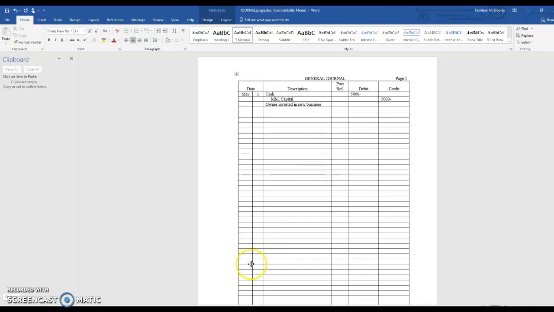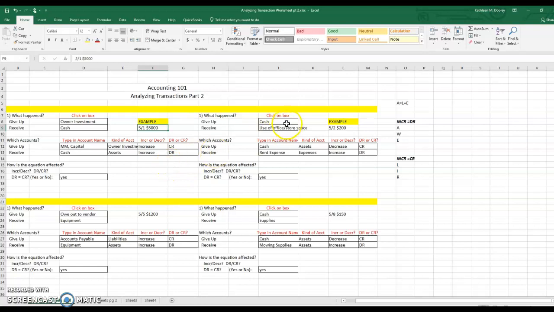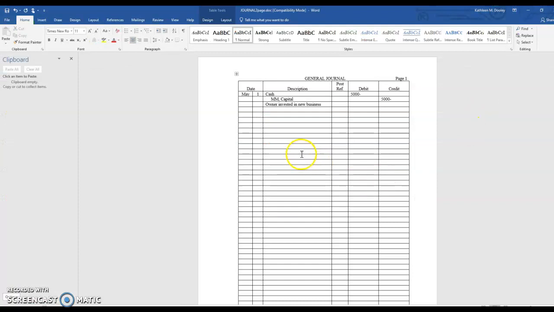All right, our second transaction, okay, is we're debiting rent expense, crediting cash on May the 2nd for $200. Okay, so our date is the 2nd. Debits go first. In this case, rent expense is the debit.